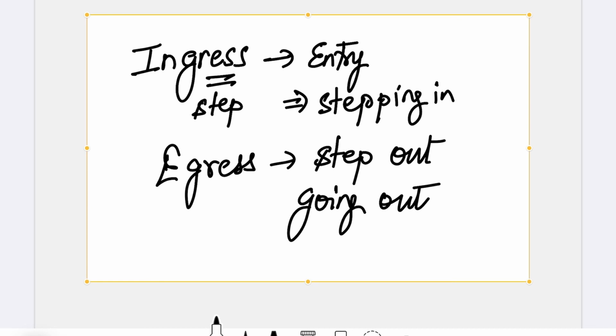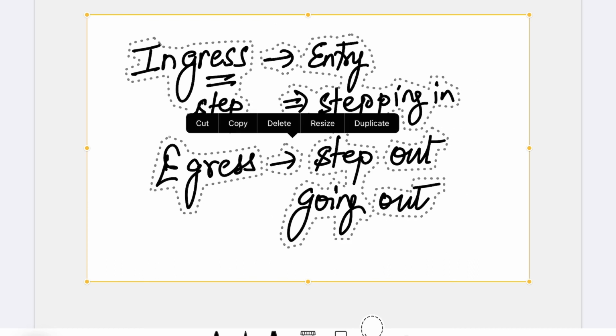Okay, now we have similar words. See how many different kinds of words we can form. We are now acquainted with ingress, we are acquainted with egress. Now what about digress?